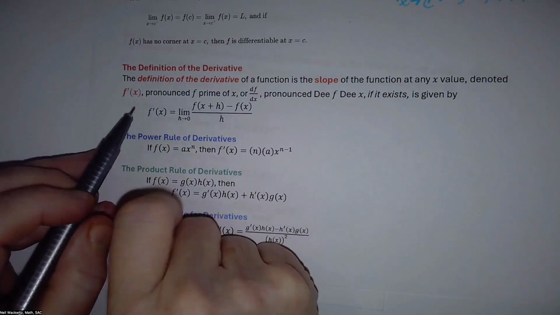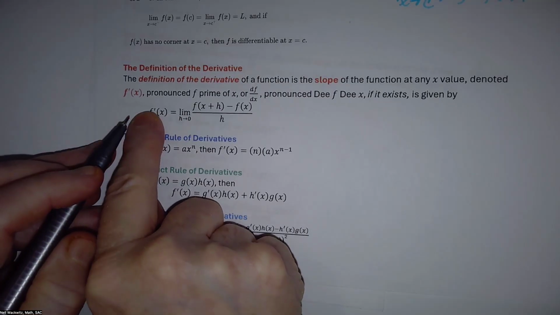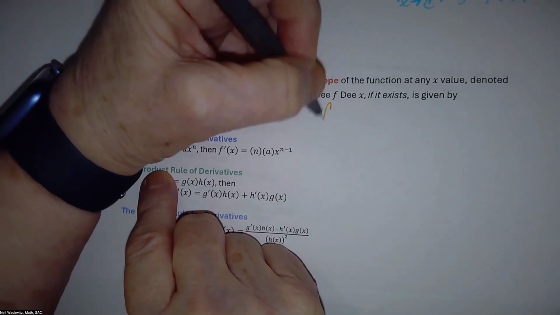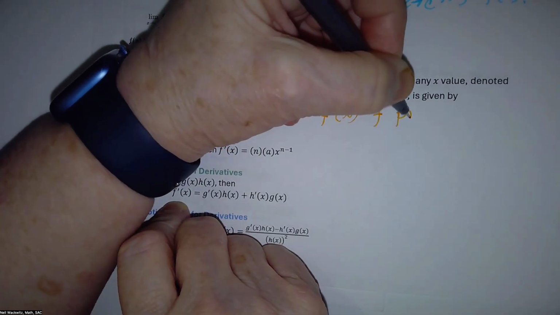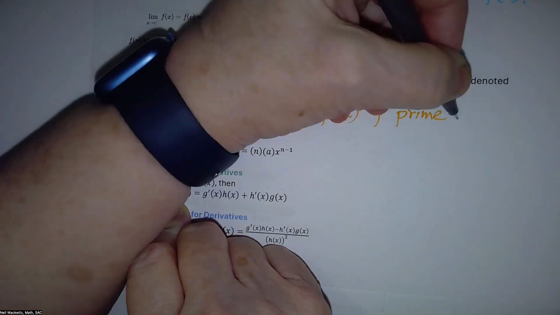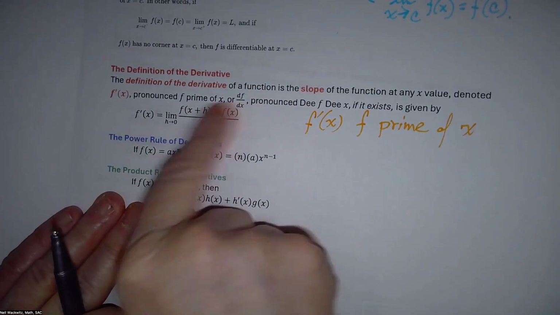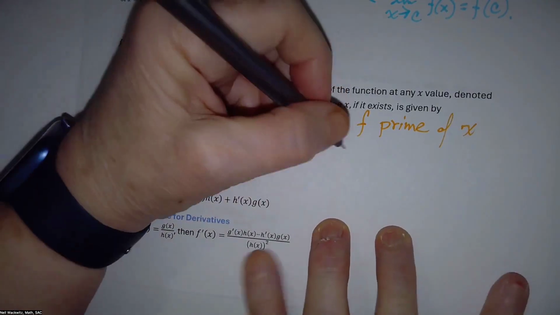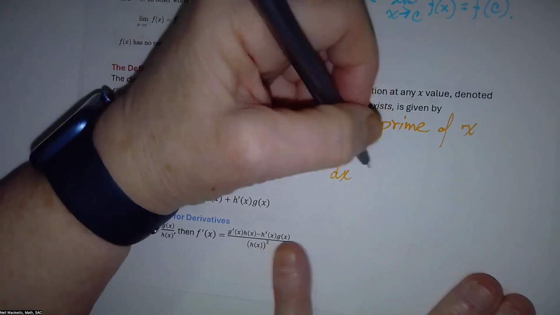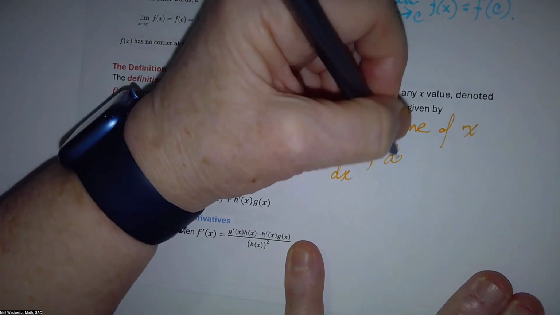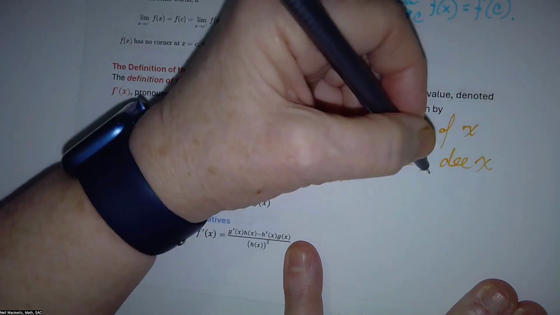So when there's a strike here, it's f prime of x. We can also talk about the derivative as df dx, which we read df dx.